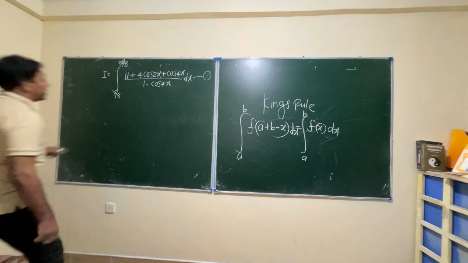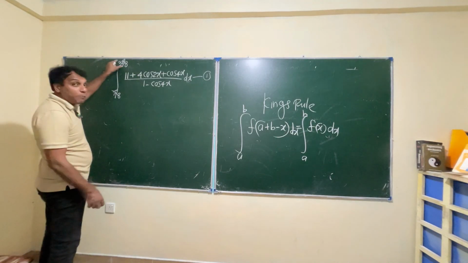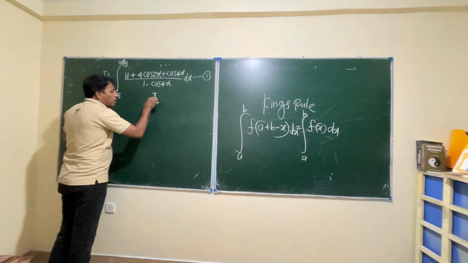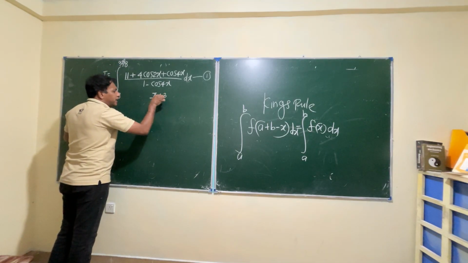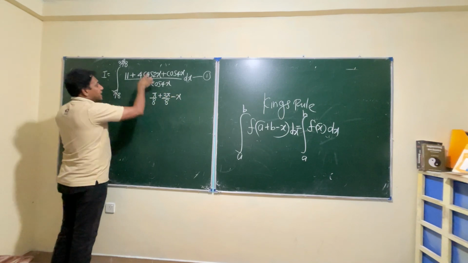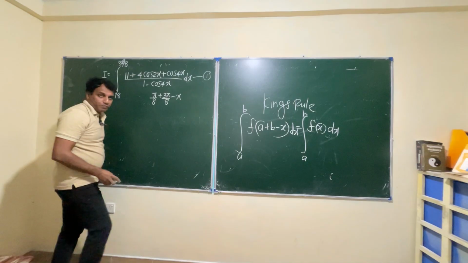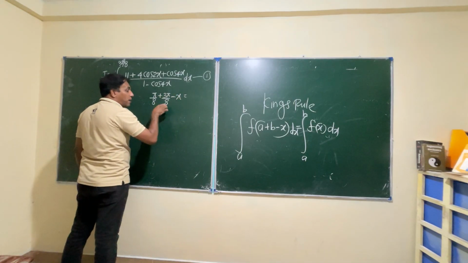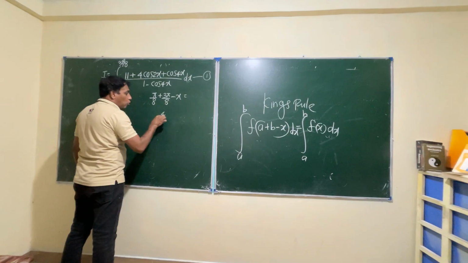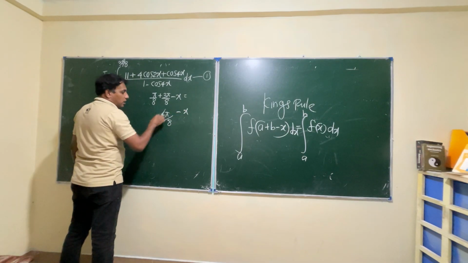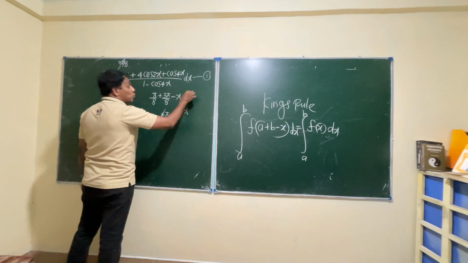Now see, pi by 8, 3 pi by 8, right? So pi over 8 plus 3 pi over 8 minus x. What is that? 1 pi, 3 pi, 4 pi by 8, so 4 pi by 8 minus x is pi by 2 minus x.